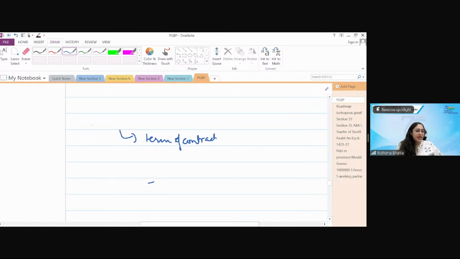So suppose there is this entity, say X Limited, and there is this micro entity. Micro entity sold some goods to X Limited. Now X Limited has to make the payment within the terms of contract. If the contract clearly says, bill पे clearly लिखा है कि you have to make payment within 20 days, then you have to make payment within 20 days. If it is written 30 days, then you have to make payment within 30 days.